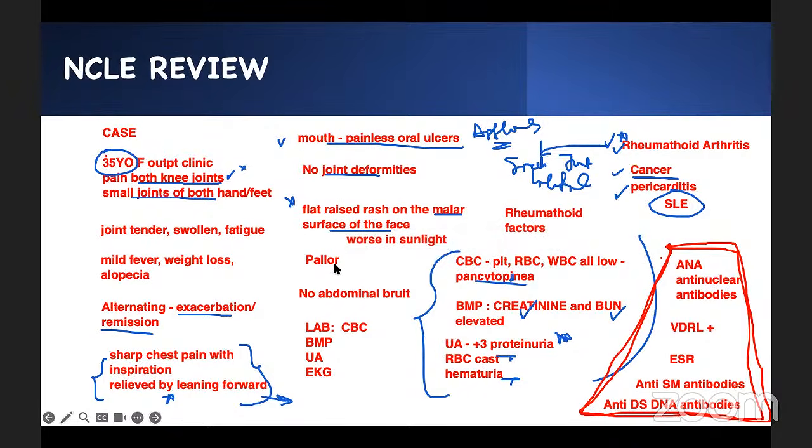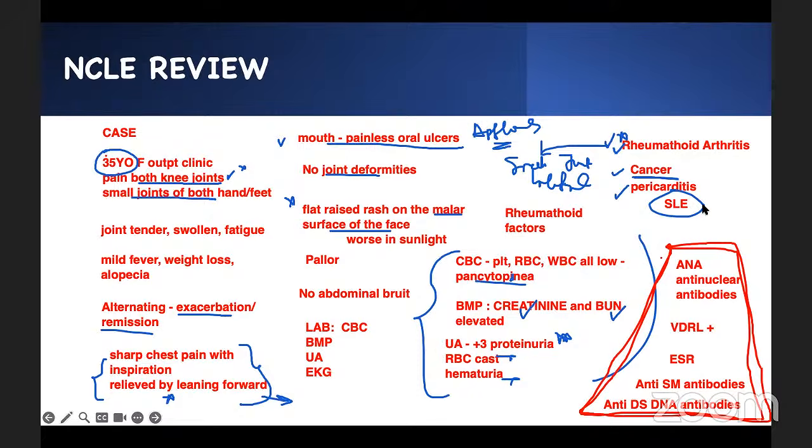The skin is pale. You order some labs, you have pancytopenia, your creatinine is up, your BUN up, you have proteinuria, you have RBC casts, you have hematuria, and in your lab work anti-nuclear antibody is positive, VDRL positive, ESR elevated, anti-Sm smooth muscle antibody is elevated, anti-DNA also elevated. These are content you got to master.